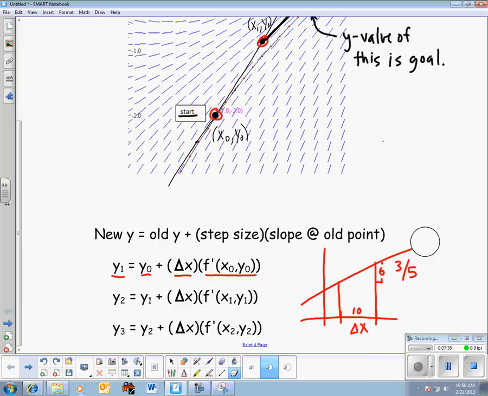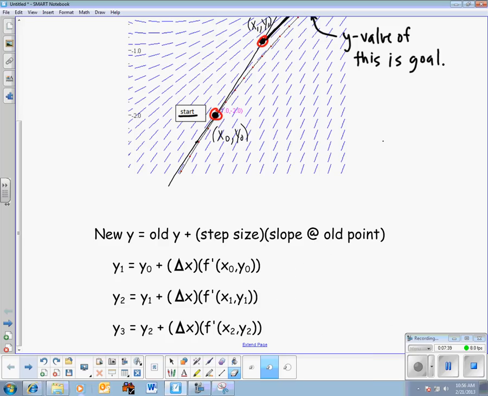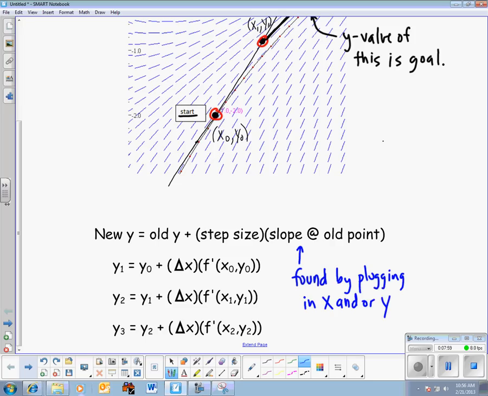And I maybe should leave that out to not overcomplicate it, but just realize your new y equals your old y plus your step size times your slope. That slope is going to come by plugging in x and or y to the differential equation.